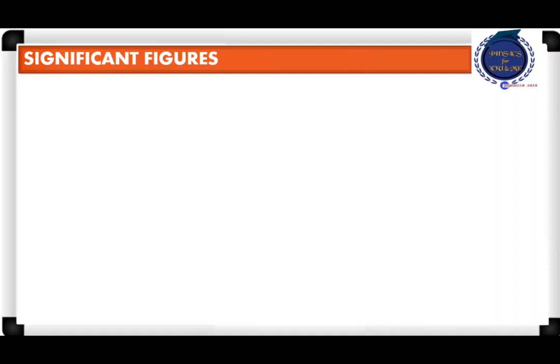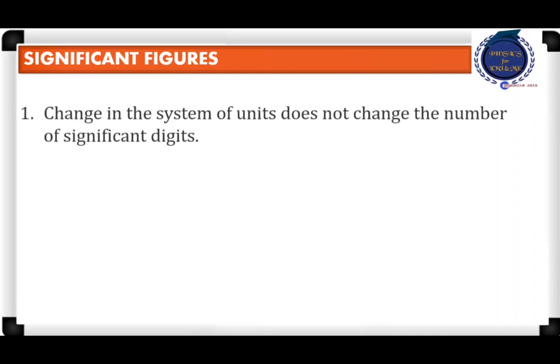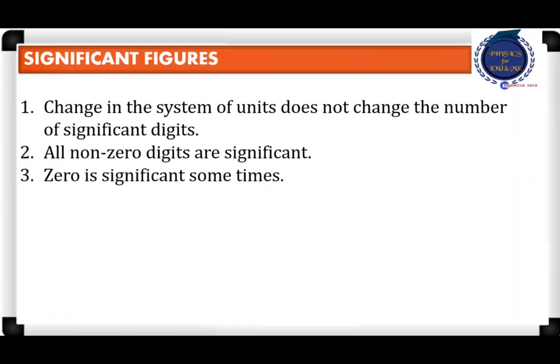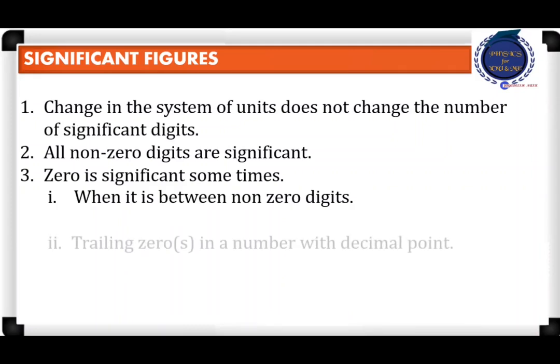Now we are going to look at the rules followed to find out the number of significant figures or digits in a given measurement. Change in the system of units does not change the number of significant digits. All non-zero digits are significant. 0 is significant sometimes, when it is between two non-zero digits.